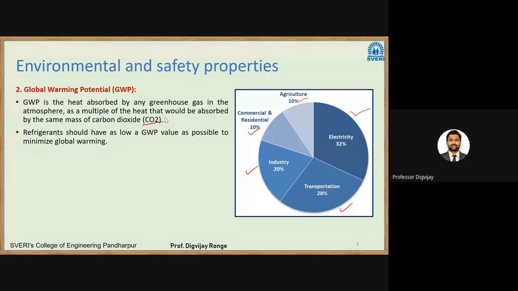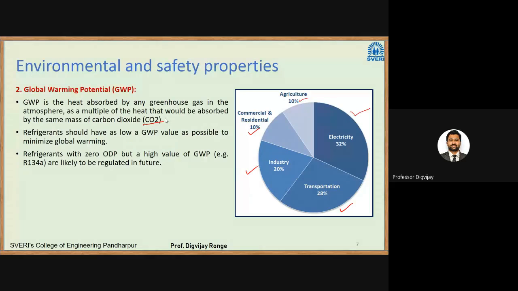Obviously, a refrigerant should have as low a GWP value as possible to minimize global warming. Okay. In the next slide, I will show you that table of GWP. In that, your ideas will be more clear about this global warming potential. Refrigerants with zero ODP but a high value of GWP, that is R134A, are likely to be regulated in future.